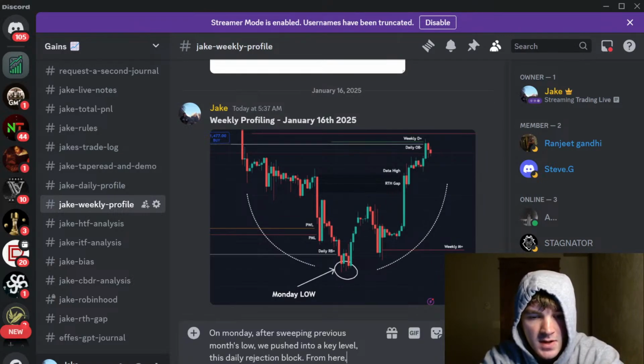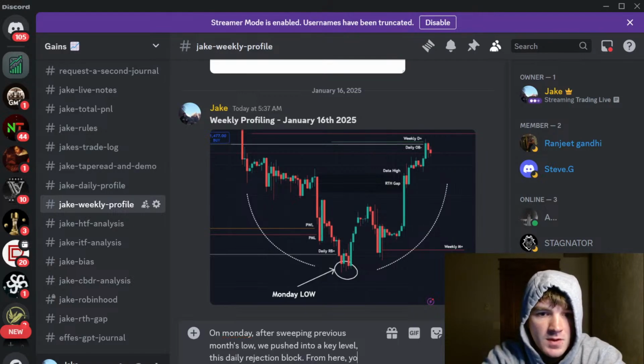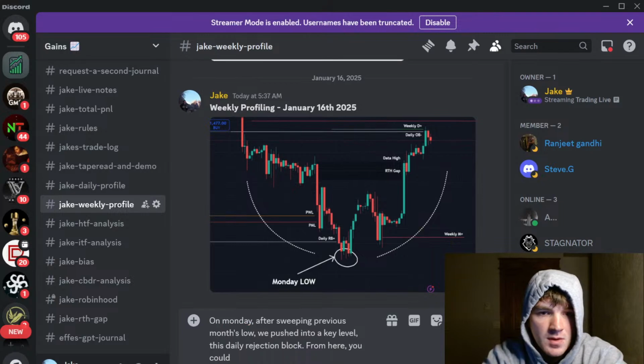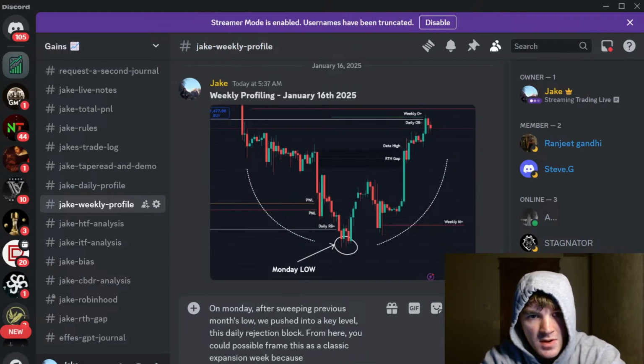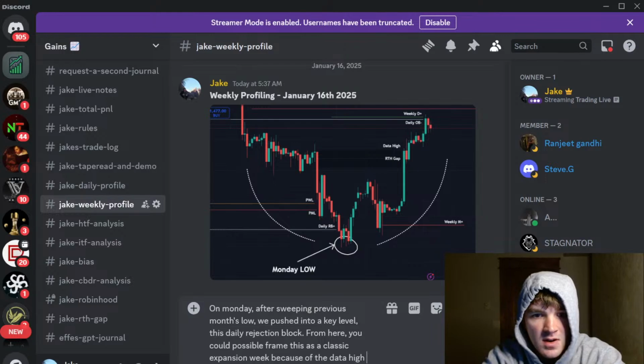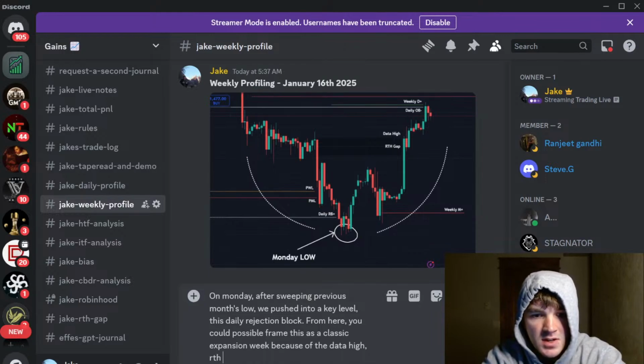From here, you could possibly frame this as a classic expansion week because of the data high, RTH gap, and good LRLR above.